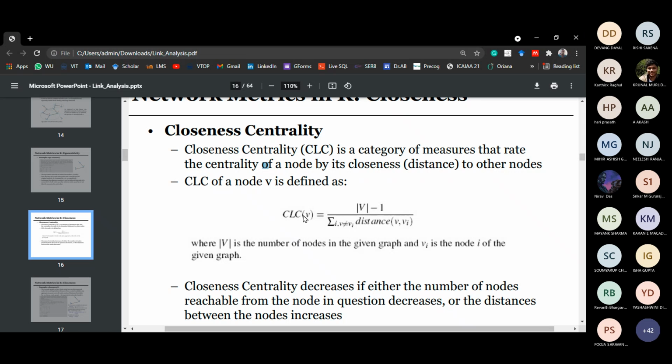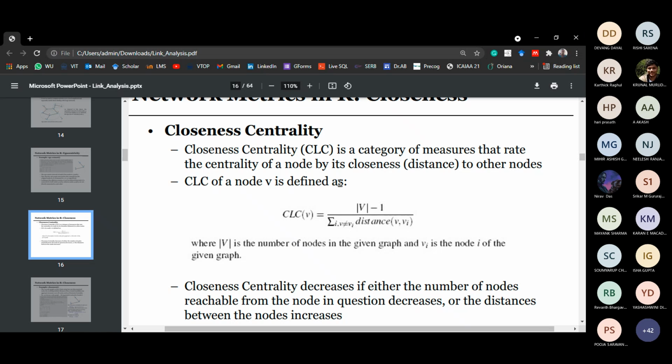Closeness can be identified by the formula V minus 1, where V is the number of vertices, that is the number of users in the network, divided by the sum of all the distances between a node V and all other nodes Vi in the given network. That is called closeness centrality.